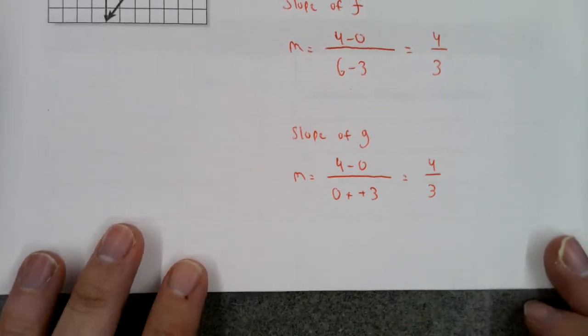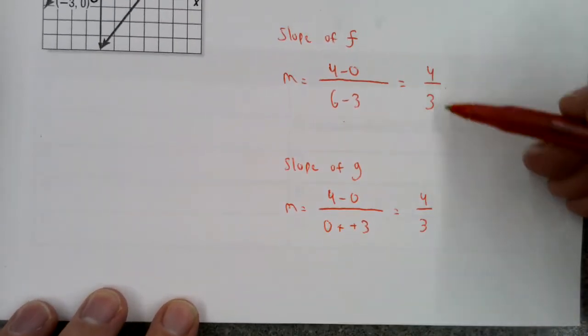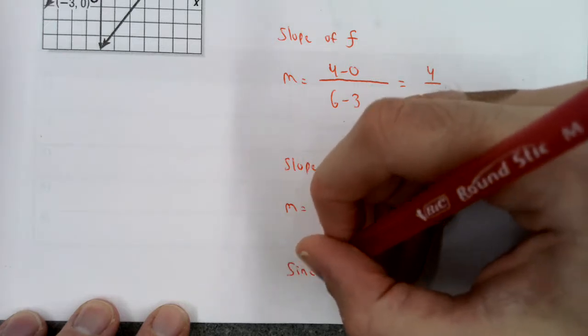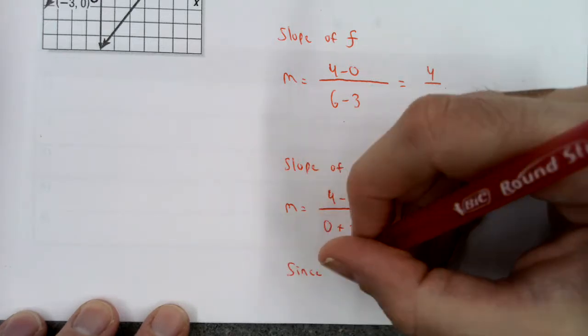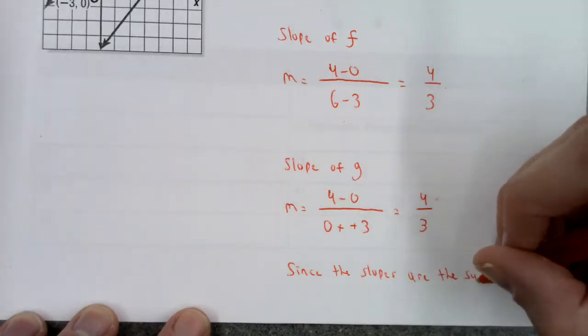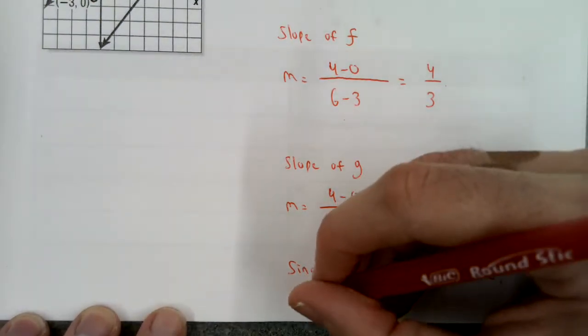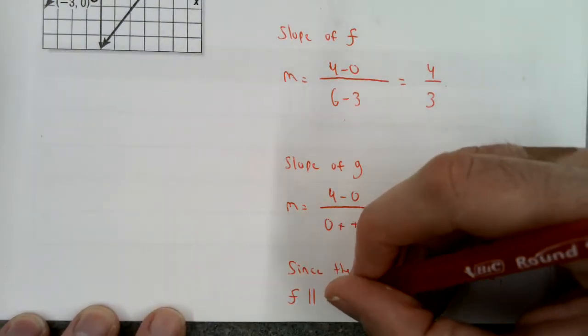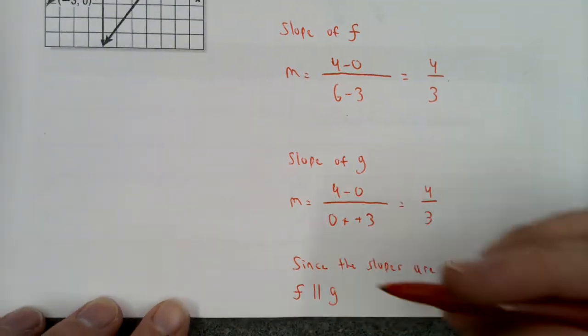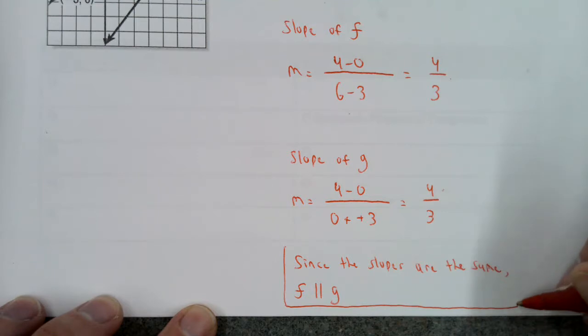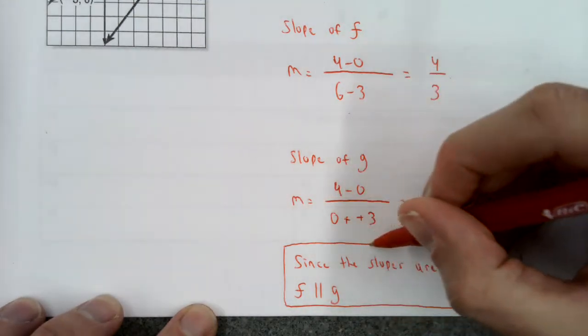So for my final answer, I'll put it down here. The slopes are the same, so the answer is yes. So I'm going to say since the slopes are the same, F is parallel to G. That'll be my answer.